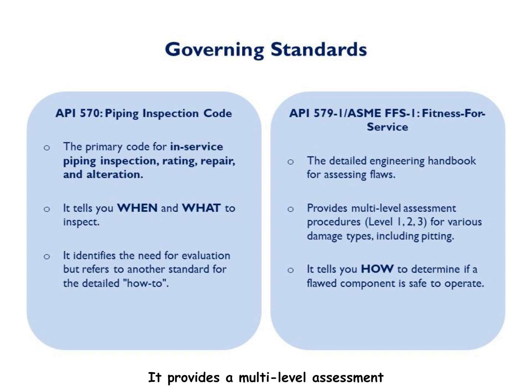It provides a multi-level assessment approach, Level 1, 2, and 3, so we can determine the safety of a component based on the extent of the damage. Connecting these standards, we get a comprehensive framework. API 570 guides our inspections and evaluations, and API 579-1 provides the detailed assessment methods.